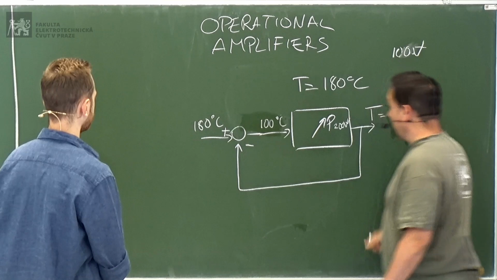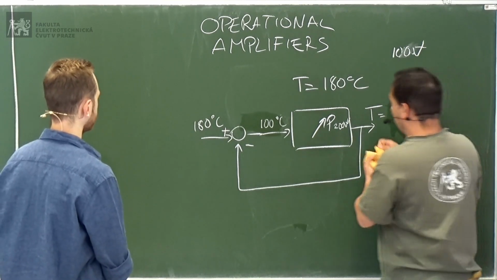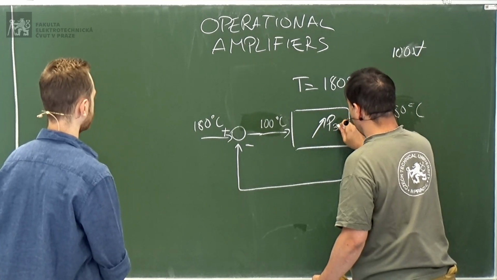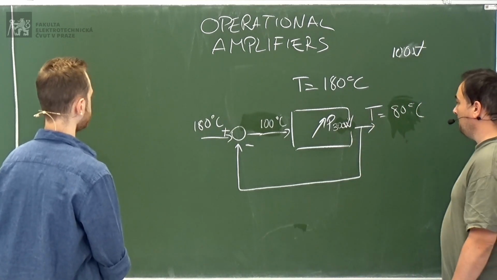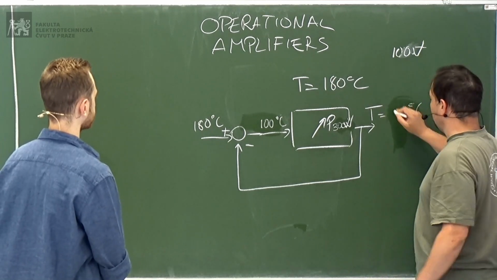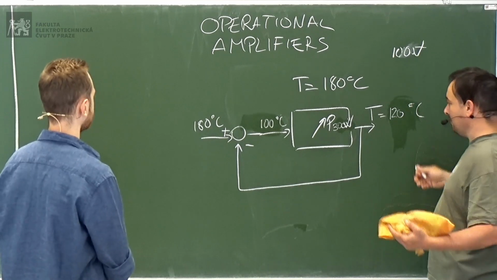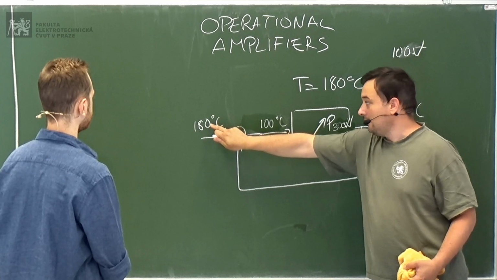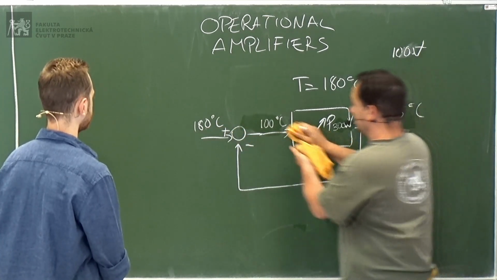It means 200 watts is not enough yet, so I increase it to 300 watts. Then the temperature becomes, I'm just giving random numbers, 120 degrees.